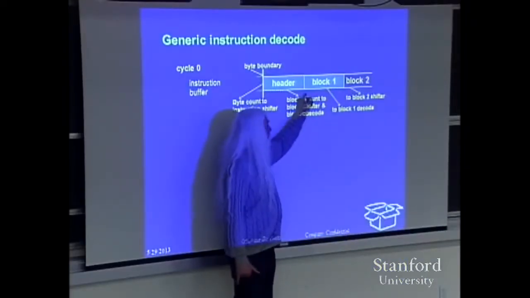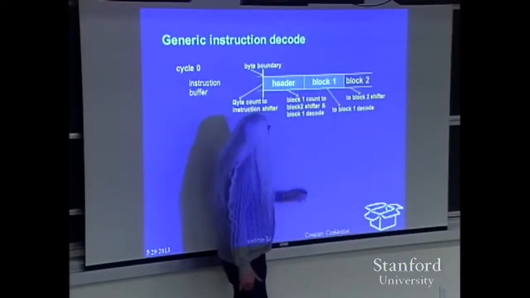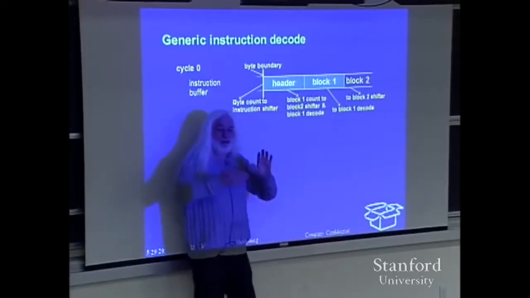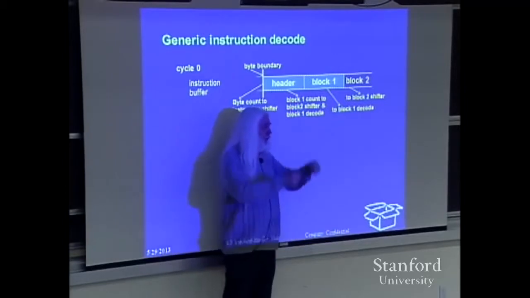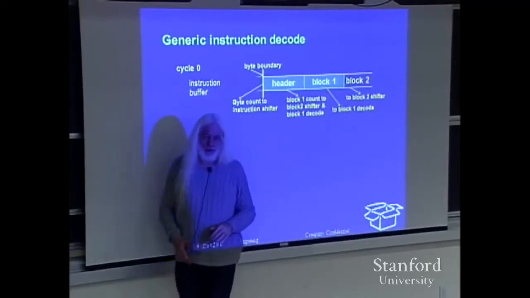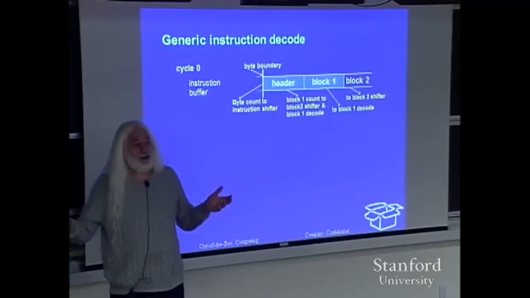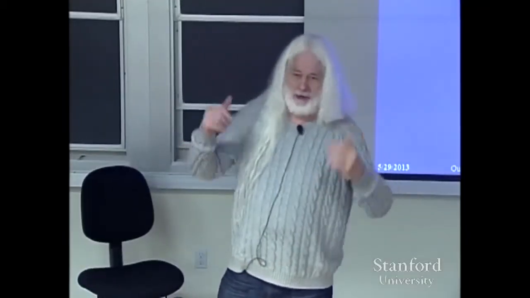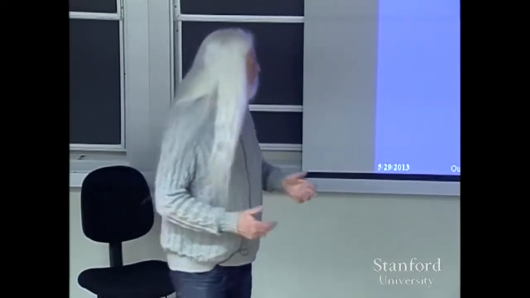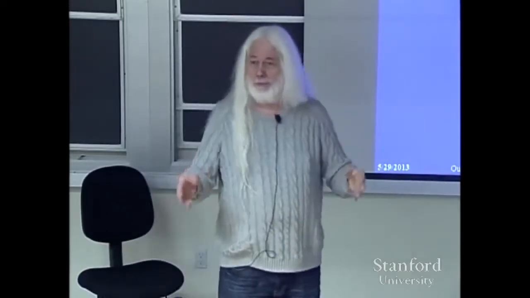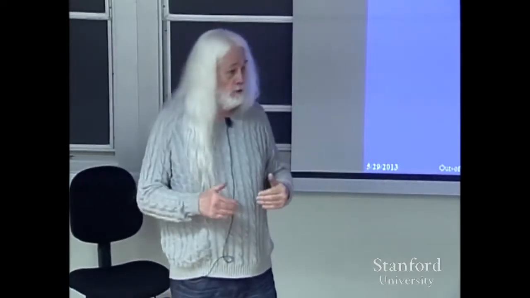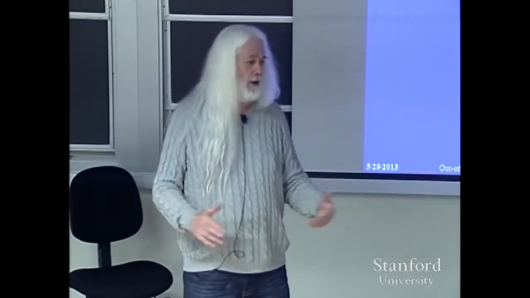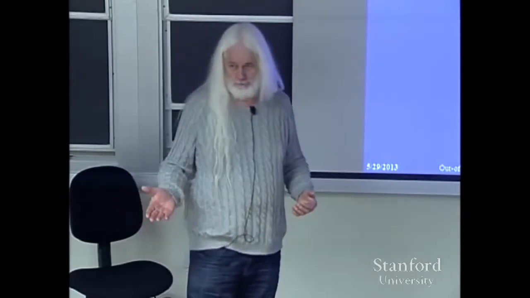Because the header is fixed size, that point is fixed. Consequently, we can drop all of the putative block 1s, all of the things that might be a block 1 operation, into block 1 decode. Say that the maximum number of block 1 ops that the machine can handle is 9, just to pick a number. Well, we can drop 9 hunks of bits into block 1 decode. There may only be 3 of them, but we'll figure that out later and throw the excess away.